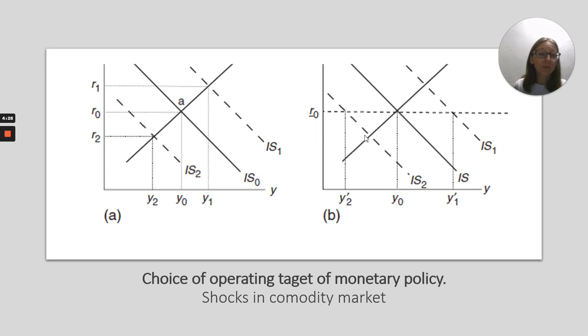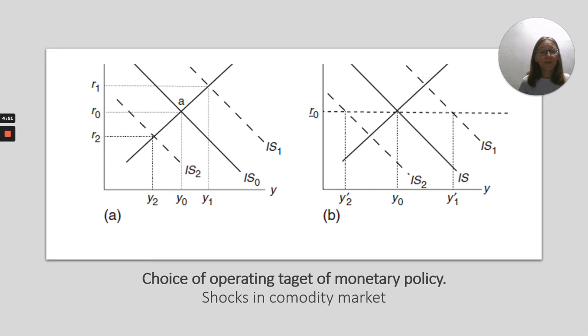But in this case, we assume that the central bank is concentrated on a particular interest rate, so we set the interest rate and we aim to keep it there. In this case, it means that as demand decreases and consumption decreases, the demand for money decreases as well. And so lower demand for money lowers the interest rates.